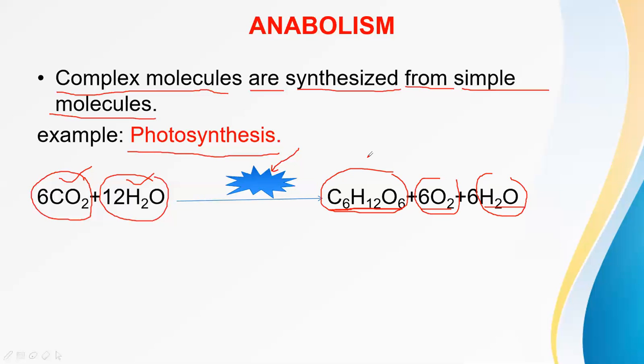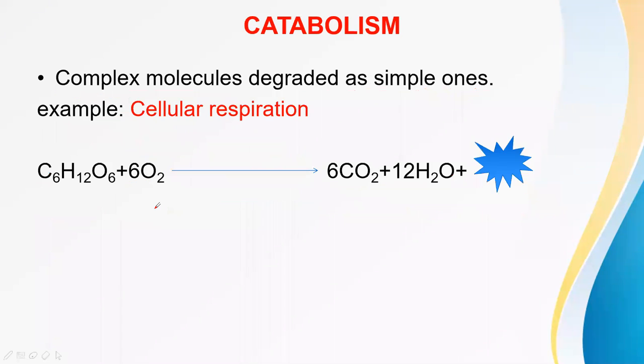Glucose is a complicated molecule made from simple compounds, carbon dioxide and water. So photosynthesis is the best example for anabolism or anabolic reaction.